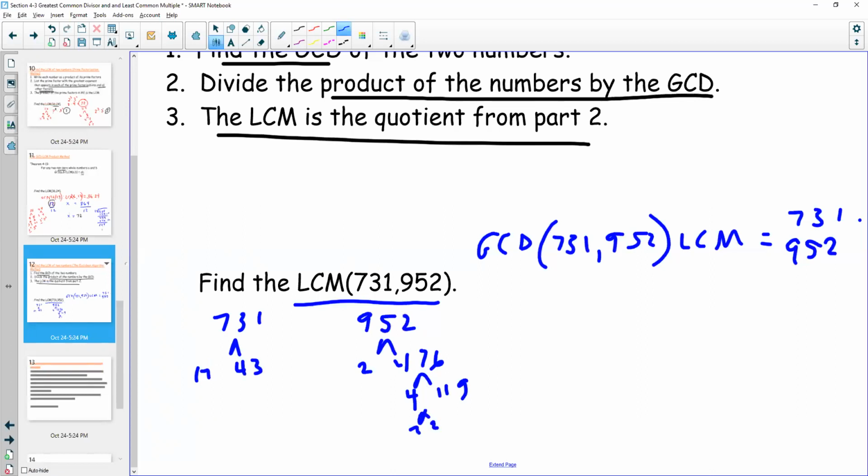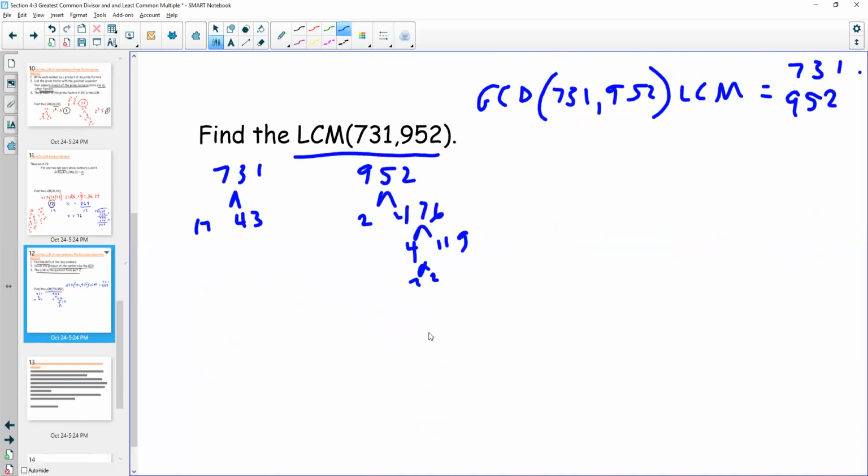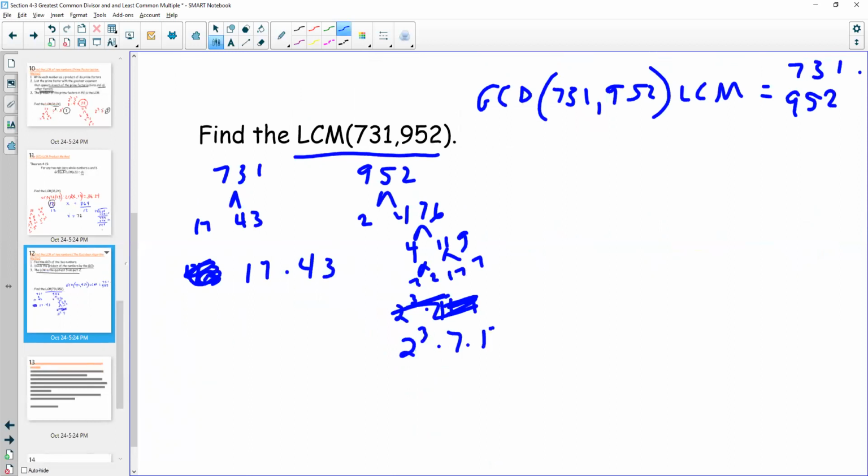So I need more page. Over here I have 17 times 43. Oh, I did it wrong. Over here I have 2 cubed times 119. Oh, 119 divides into 17 and 7, sorry. So 2 cubed times 7 times 17.